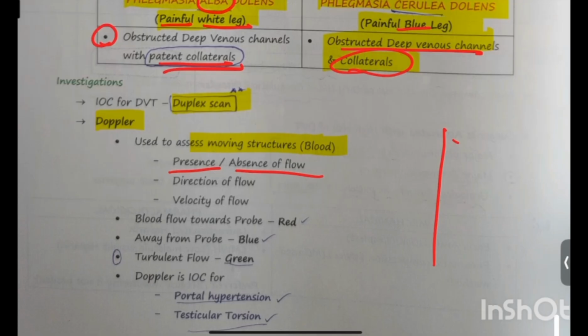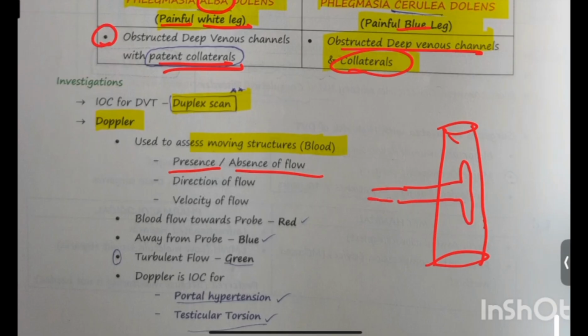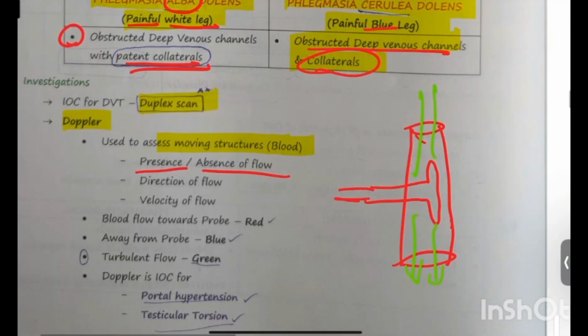Basically, if this is a blood vessel and we keep a Doppler probe on this, and the blood flow is from up to down, this will say if there is blood flow or not. Other than that, it can say the direction of the flow, but the direction of the flow will be based on this probe.